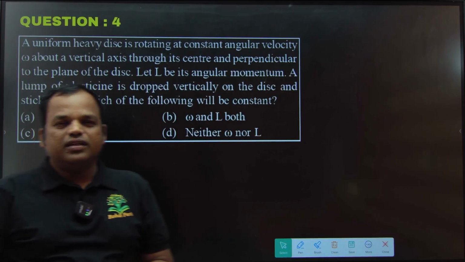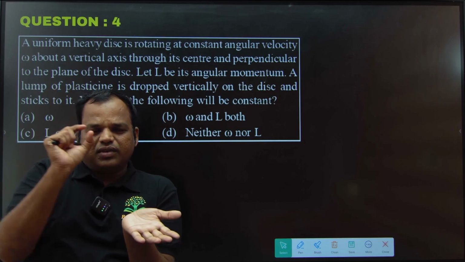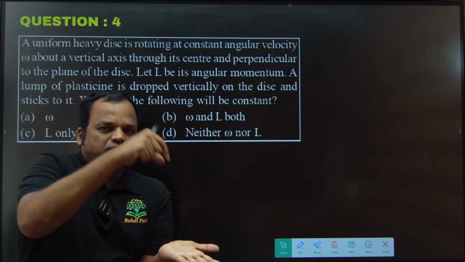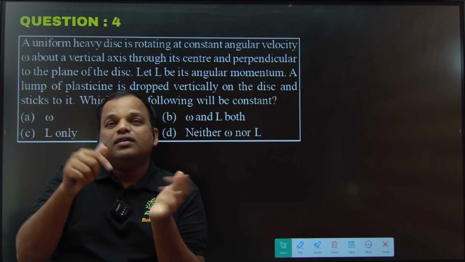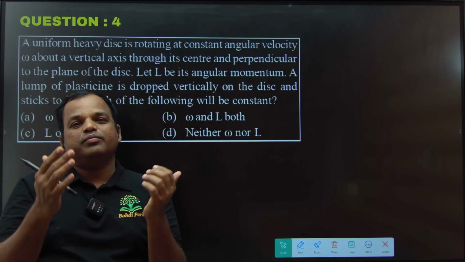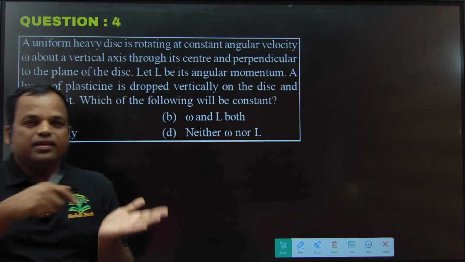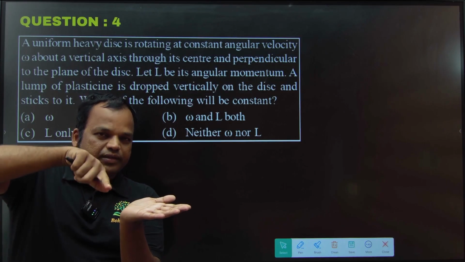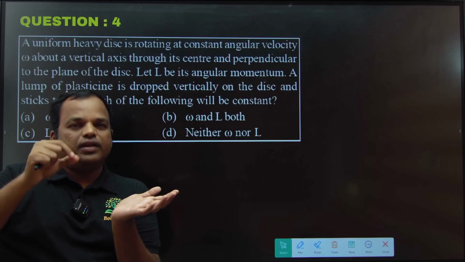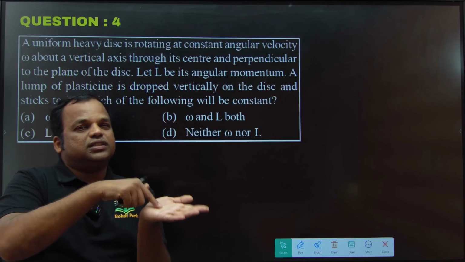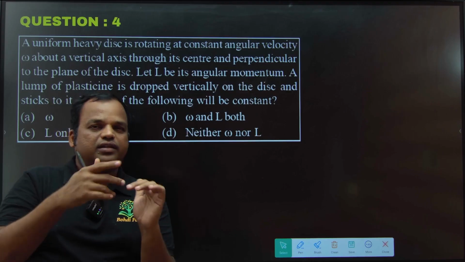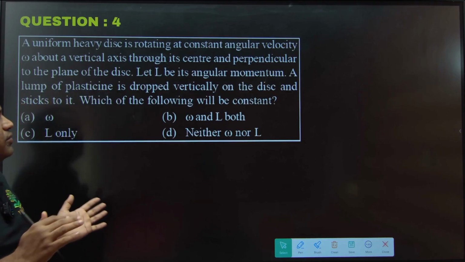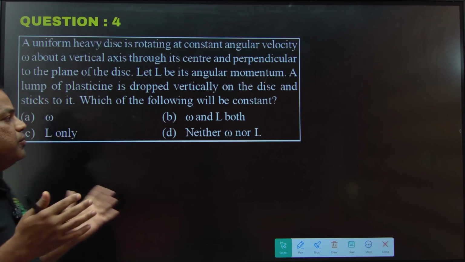So whenever there is a disk rotating and some lump of plasticine or mud or any other thing comes and sticks to it, the external torque becomes 0. Only internal torques are there, and one torque will be on the mud or lump, the other torque will be on the disk, and both are equal and opposite. So net internal torque is 0 and external torque is also 0. So we can conserve angular momentum.